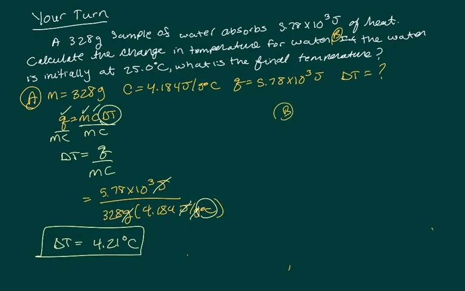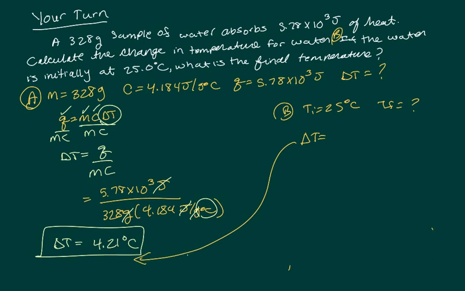Okay, now for B, we have all the same components, but now we want to solve for what if we had an initial temperature of 25 degrees Celsius? What is our final temperature? Well, we already found what delta T is from here, because it's all the same under the same conditions.